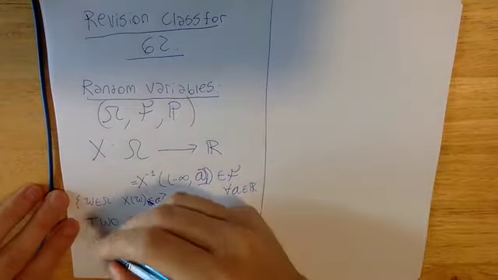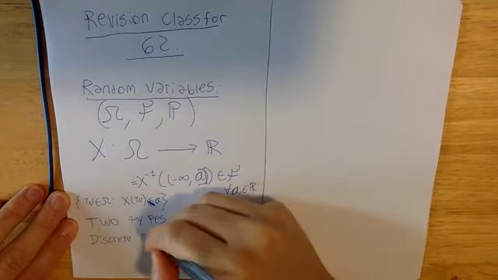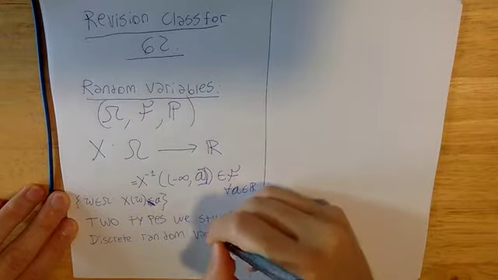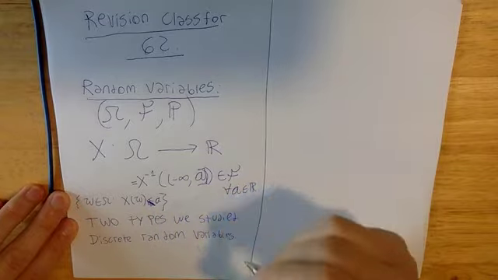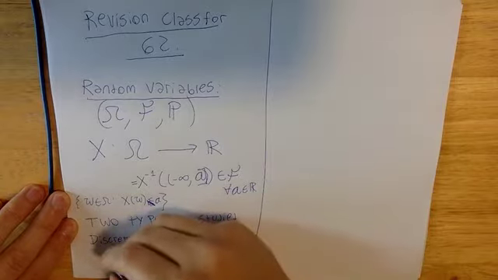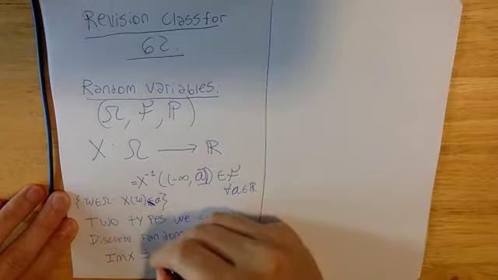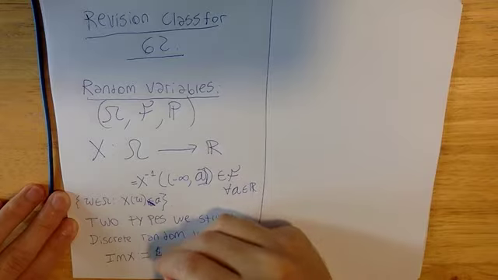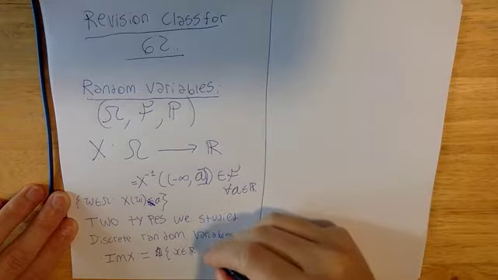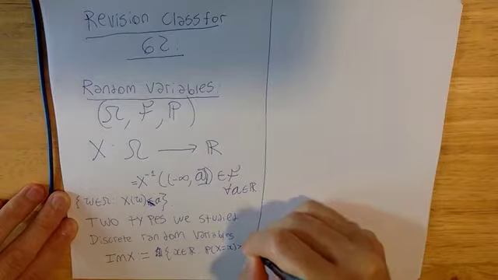The first are discrete random variables, which are such that the image of X, by definition, is all the x in R such that the probability that X equals x is positive.